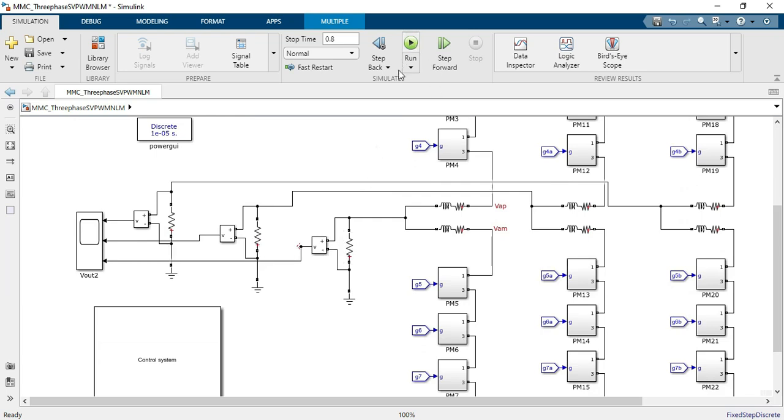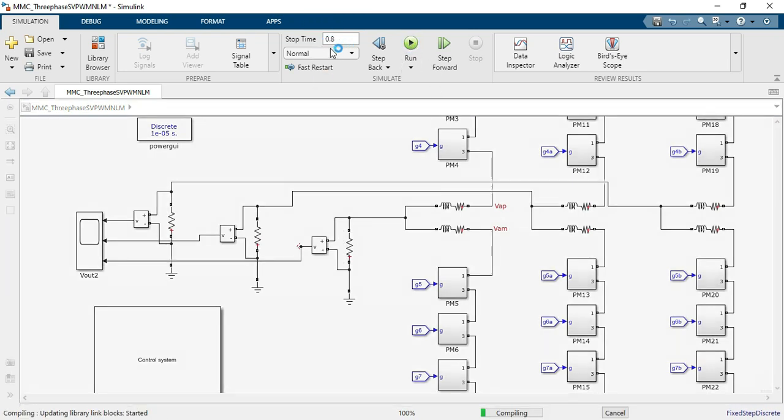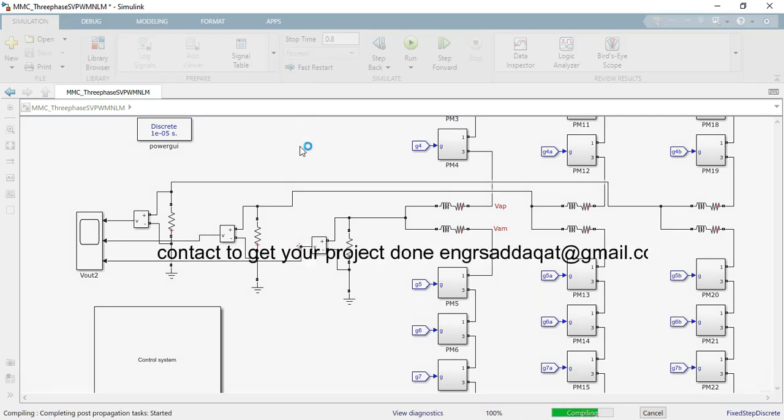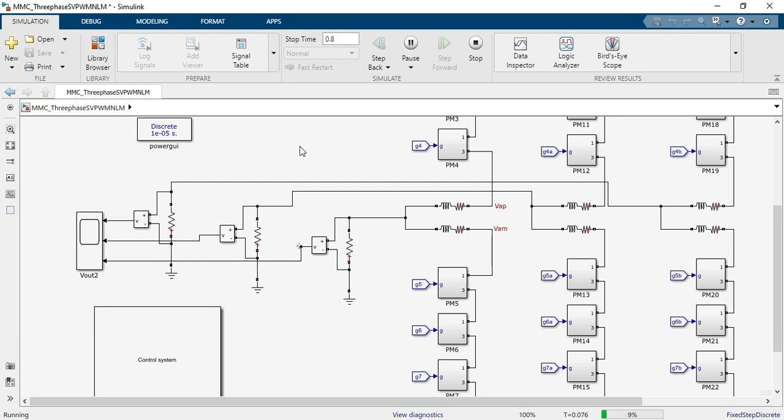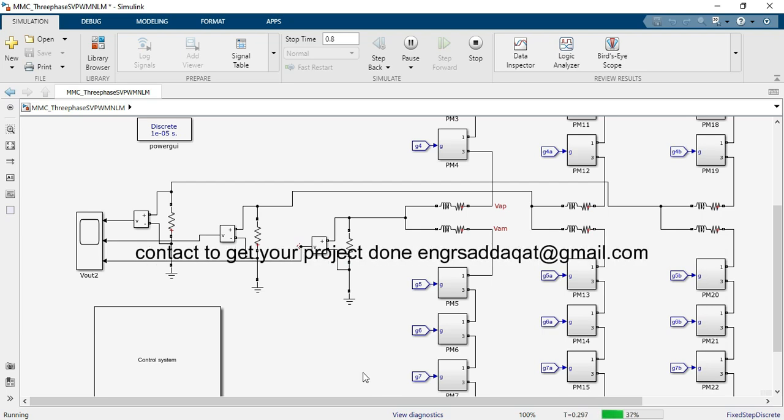So let me run this simulation. I'm running it for only 0.8 seconds, and I don't need more time than that.